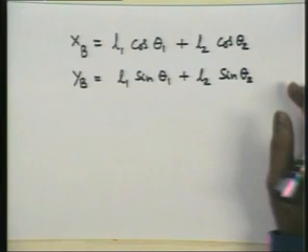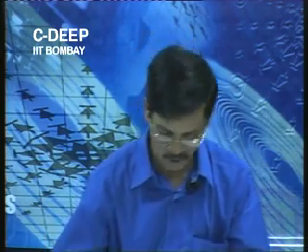Okay. Now look at these two simple relations. If you know how the joints are being moved, that means you know theta 1 and theta 2 at any instant of time. With theta 1 and theta 2 being known, to calculate xb and yb is simple linear algebraic equations. In this particular case, it is a 2 by 2 set of equations. Given theta 1 and theta 2, L1 and L2 are already known because the robot manipulator's mechanism has been designed.